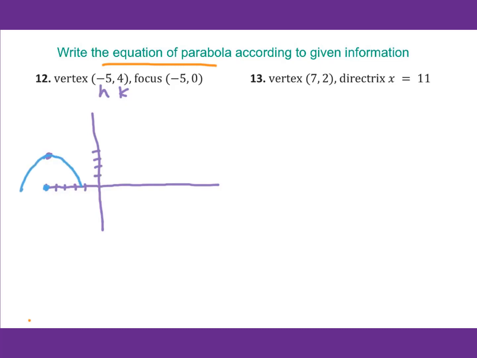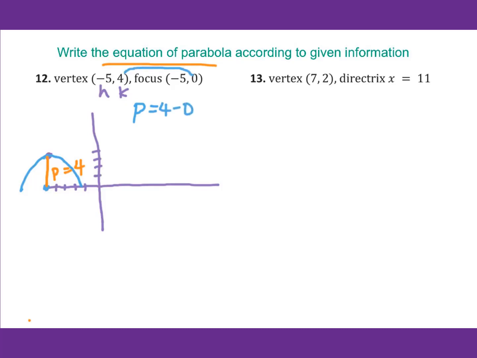Because the focus is always inside the curve, the distance between the focus and the vertex, that's P, equals 4. You can get P equals 4 minus 0.